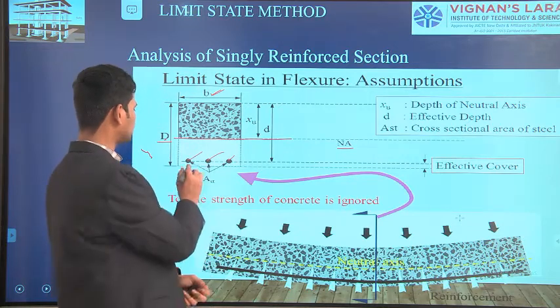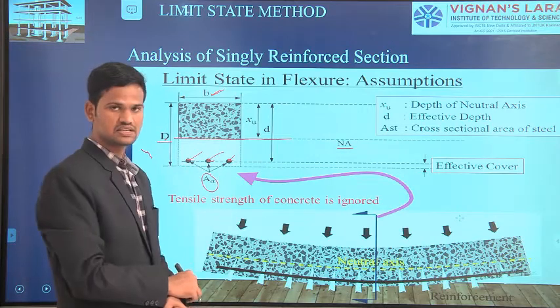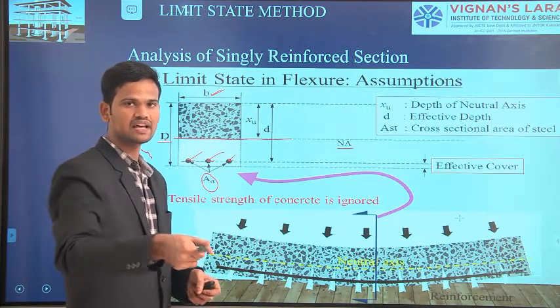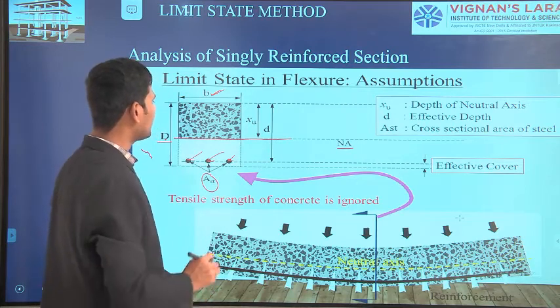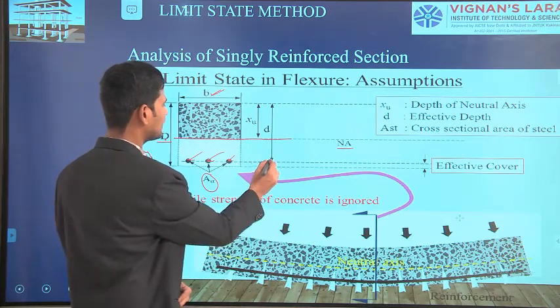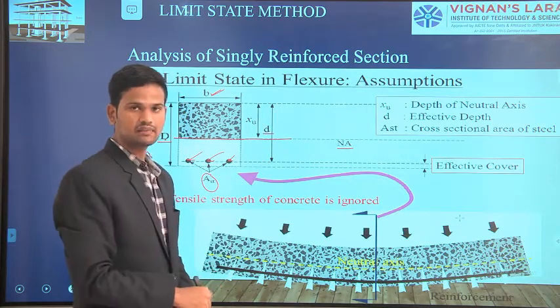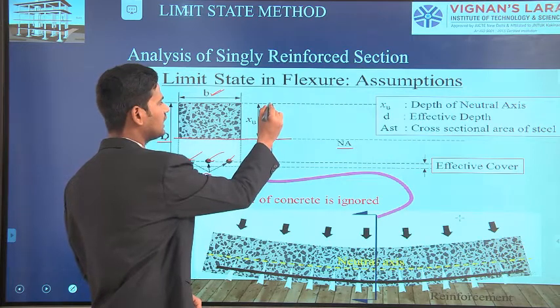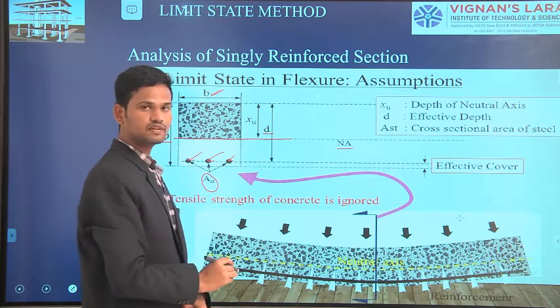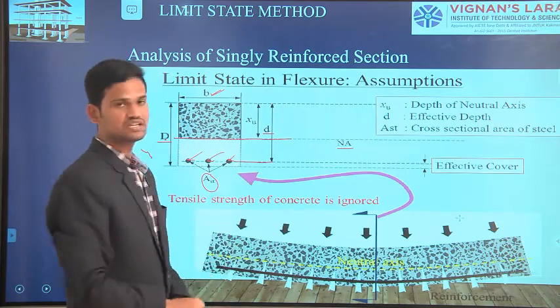And if you observe here, these bars are called the area of steel. That means we are providing them in the longitudinal direction as well as in the lateral direction. And there is one more term we are introducing, that is small d. This small d is taken from the top extreme compression fiber to the middle of the steel bar.